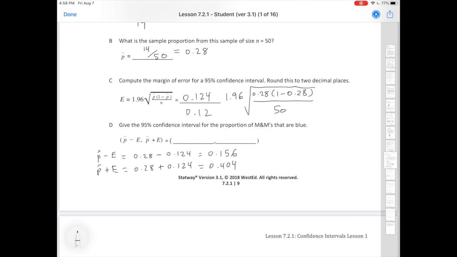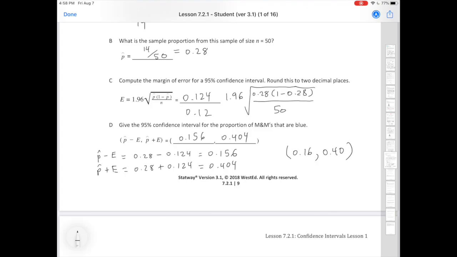And then 0.28 plus 0.124 is 0.404. And so my confidence interval is from 0.156 to 0.404. Okay. Or if I wanted to write this with only 2 decimal places, I can round it to 0.16 and 0.40.